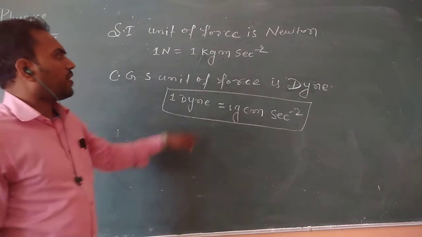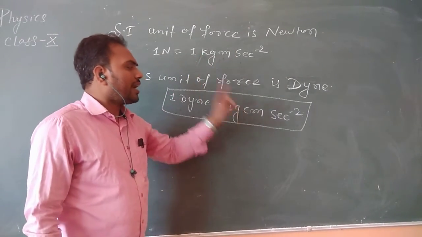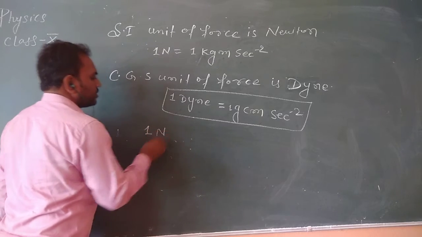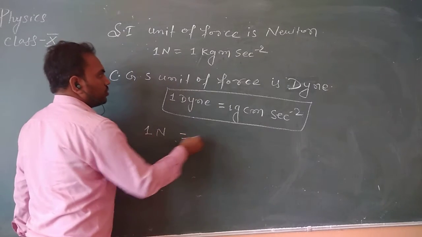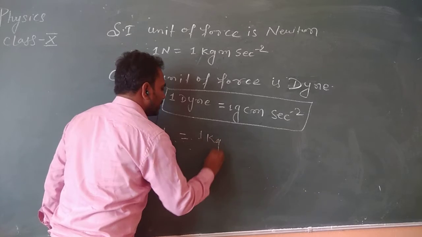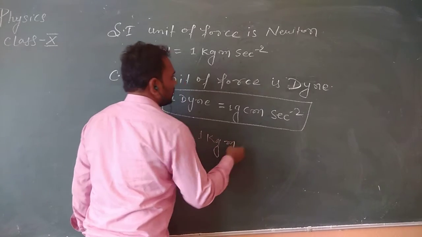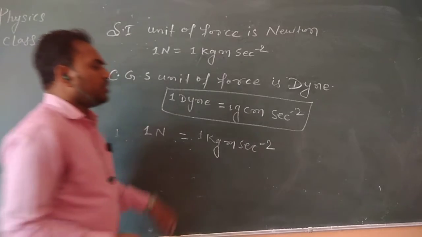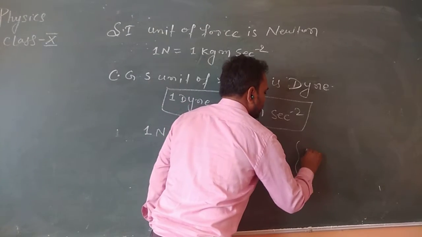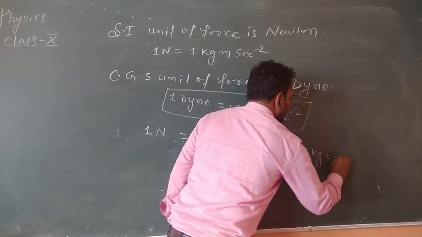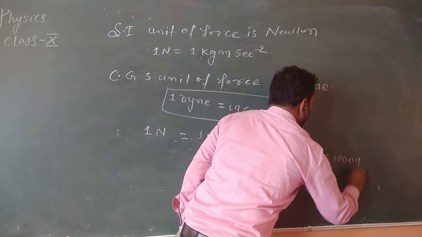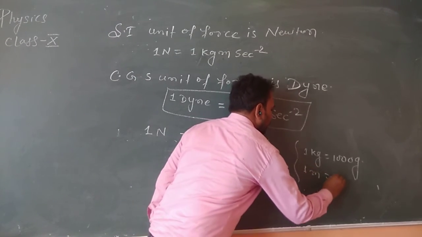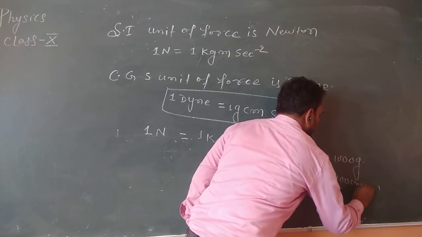So now we will find the relation between 1 Newton and 1 dyne. 1 Newton is equal to 1 kg meter second inverse square. We know that 1 kg is equal to 1000 gram and 1 meter is equal to 100 centimeter.